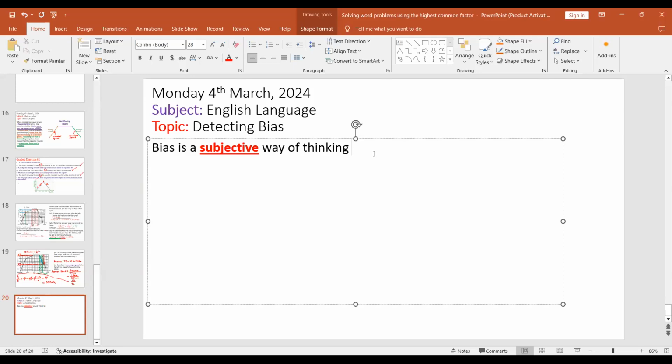Objective. Why? Because it's a fact. It's the truth all the time, so it doesn't matter who you ask. 2 + 2 is always going to be 4. That's not an opinion. That's an objective truth.